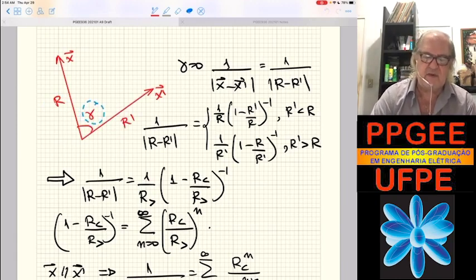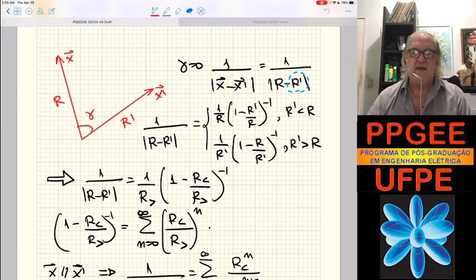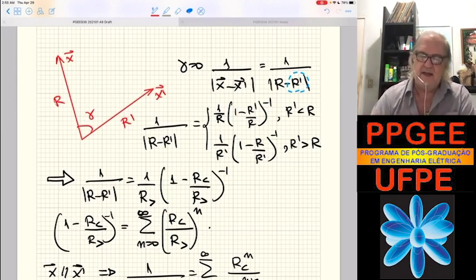If you make gamma equals 0, those vectors are collinear, right? It becomes r minus r prime. And what we do here, we use the same technique. Let's say that one of those vectors is the z-axis, right? So I have to expand this function here.